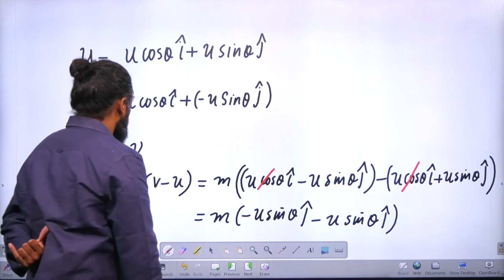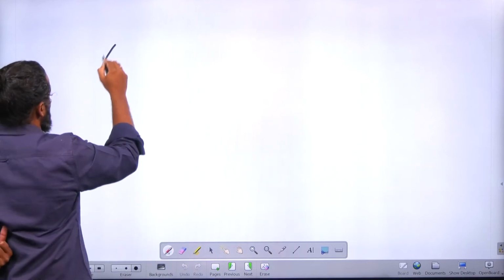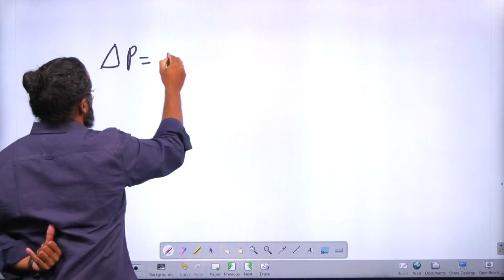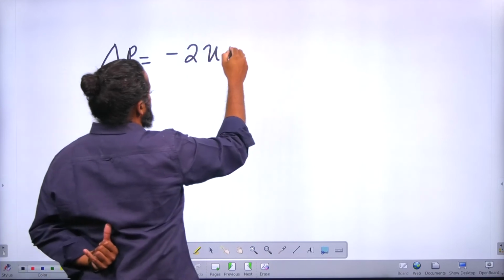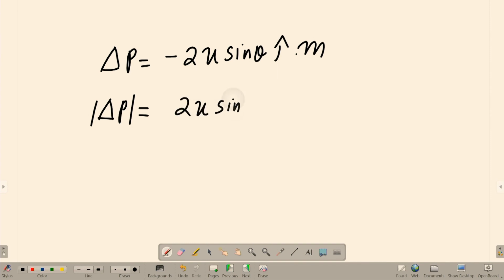So delta p is equal to minus 2u sin theta in the j direction, multiplied by mass. Taking the magnitude, the change in momentum is 2u sin theta multiplied by mass.